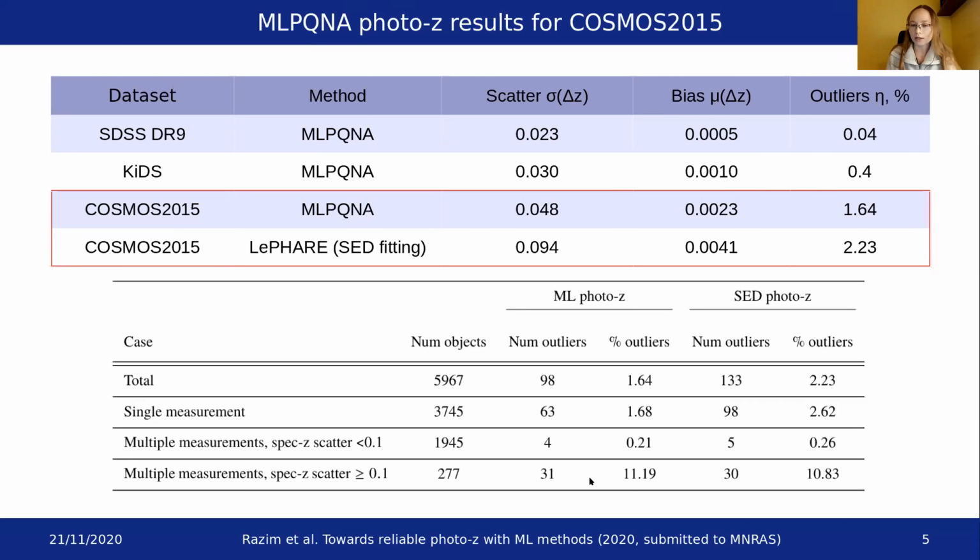Now, this is not a new problem. It has been reported more or less since the 90s, since photometric redshifts exist. But how to solve this issue? How to figure out what these outliers are? Are they bad spec-z measurements or are they mistakes of the photo-z algorithm?